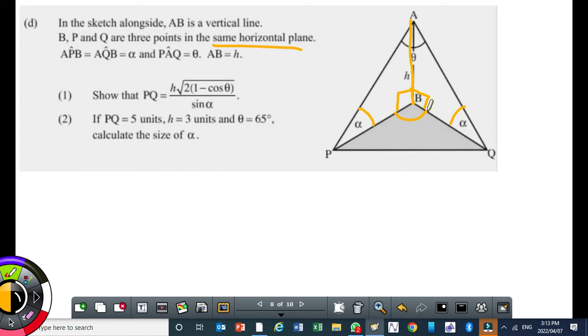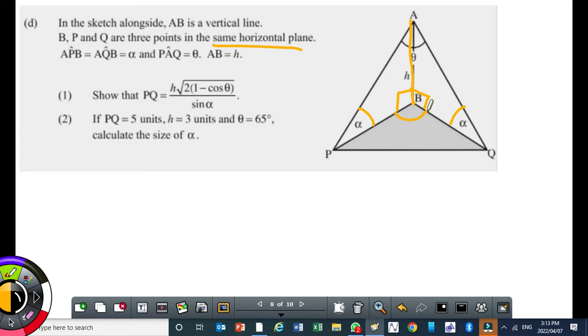Furthermore, if you look at it, because here we are told that this whole angle is equal to theta, it also means that we have another triangle APQ. So we have got 4 triangles in the diagram.